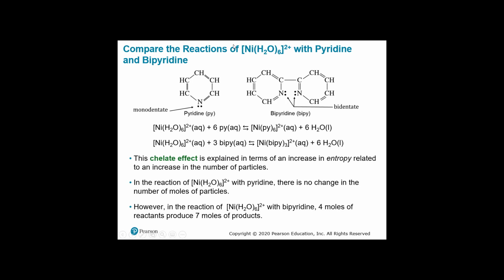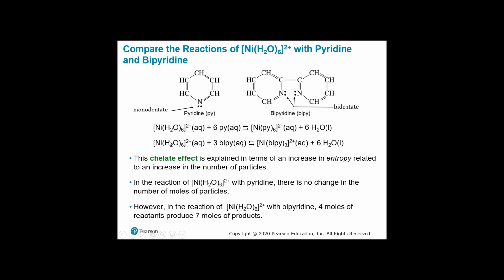Here we have pyridine, and I used pyridine over many years in my lab, and then we have bipyridine. And you can see here the balanced reactions, which is exactly what I want to show you. How does entropy play into this? Well, let's count the moles on each side. In this reaction, there is no change in the number of moles or particles on the two sides. So it's 7 on one side and 7 on the other.